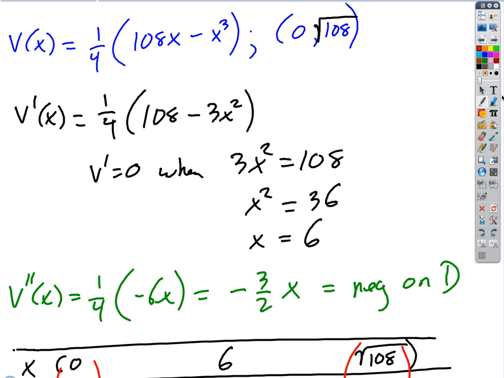This volume function is just a polynomial. So it is smooth, right? What did it mean to be smooth again? No sharp corners. Okay, so no sharp corners, so that's differentiable, right? And it was continuous, right? So continuous and differentiable, meaning I can draw it without picking my pen off the board.